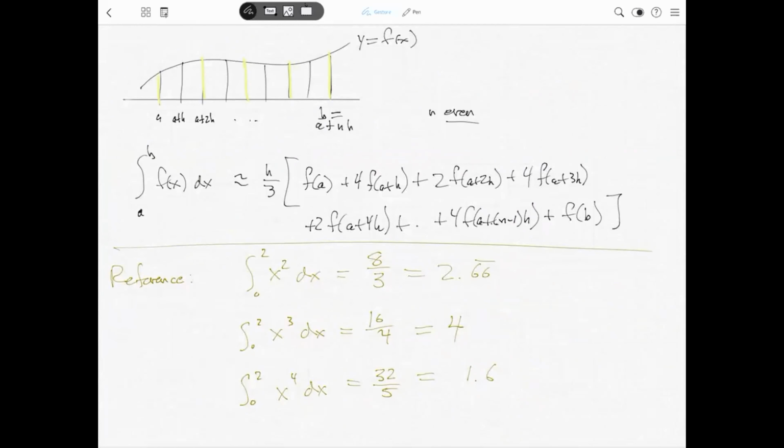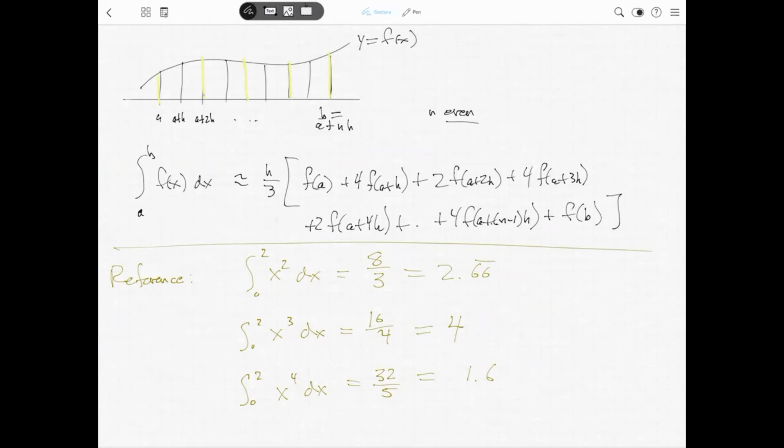And what we're going to do is sample it at all these points from a to b at intervals of h. So first at a plus h, at a plus 2h, and so on, all the way until we get up to b, which is going to be a plus n times h. So n is going to be the number of these subdivisions that we use.